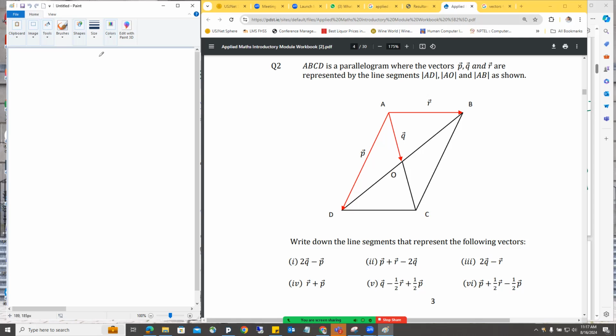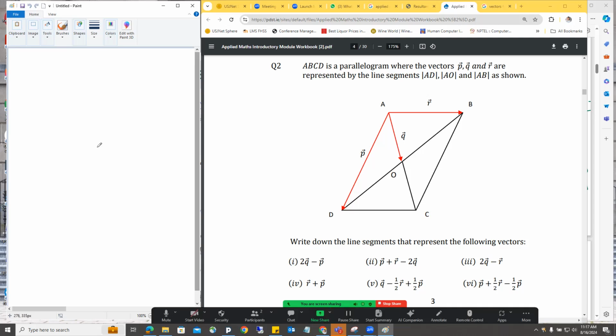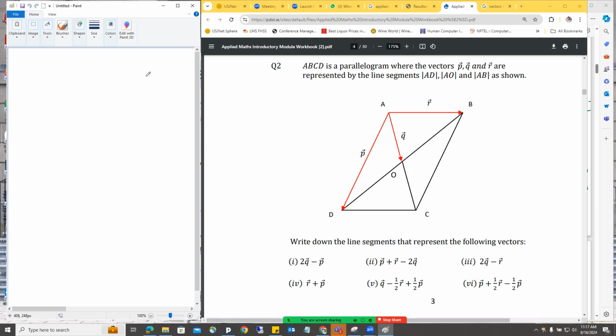So here 2Q minus P, no? 2Q means AO plus OC. Let me draw this one.